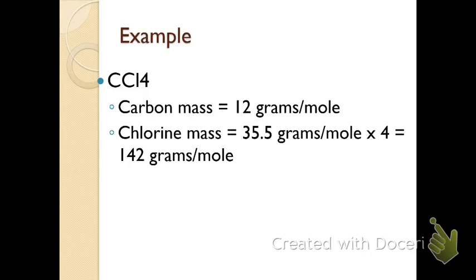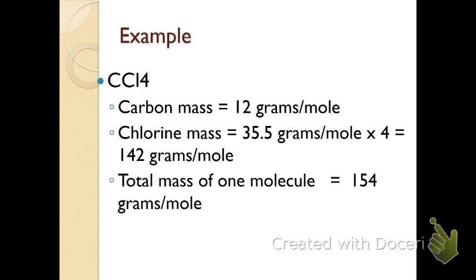We have only one molecule of carbon tetrachloride, so using your calculator, clear your calculator, put 12 plus 142, and that is going to give us the total mass of one molecule, which is 154 grams per mole. Again, grams per mole, because that is equal to one molecule.